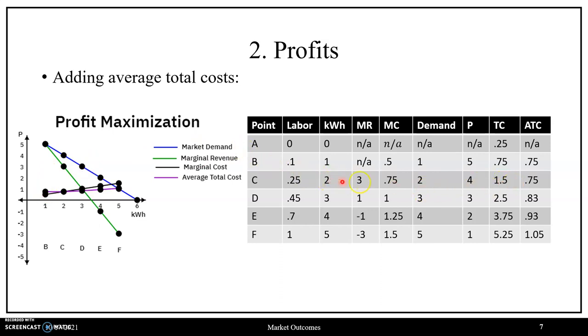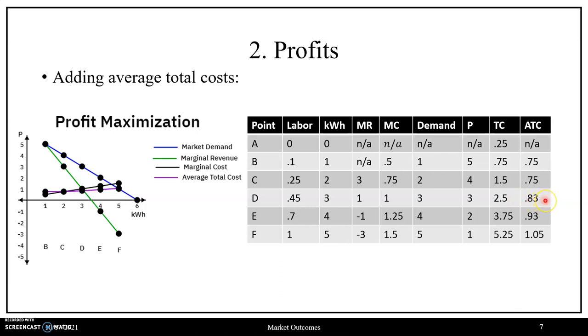Our output level is 2. Dividing $1.50 by our output of 2 gives us an average total cost value of 75 cents for point C, which generates point C on our purple average total cost curve. Now moving on to our next point, when 3 kilowatt hours of electricity is produced, total cost is $2.50.